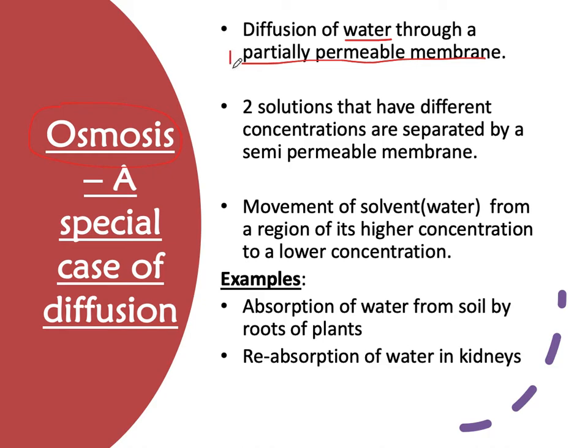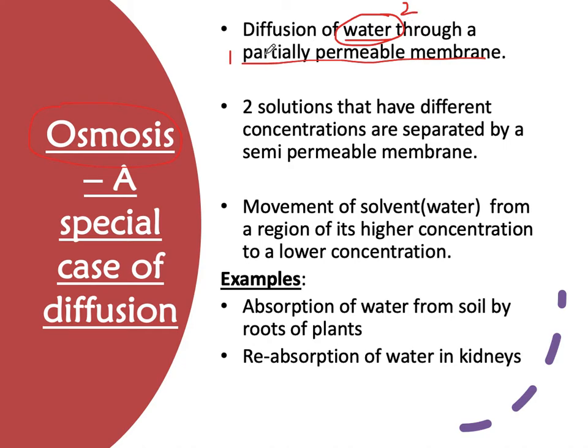This is the first point. And the second point is, in diffusion, when we were looking at the equilibrium reached, in that case solute particles were moving. Here we are talking about movement of water molecules. That means we are talking about movement of solvent. So these are two basic differences between diffusion and osmosis.